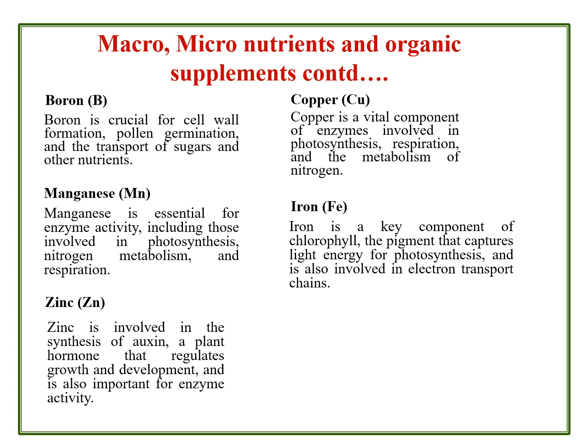Manganese acts as a cofactor in all the photosynthetic reactions and also nitrogen metabolism. Next, zinc. Zinc is involved in the synthesis of auxin, a plant growth regulator, also called a phytohormone, that regulates growth and development and is also important for enzyme activity. Next, copper. Copper is a vital component of enzymes.